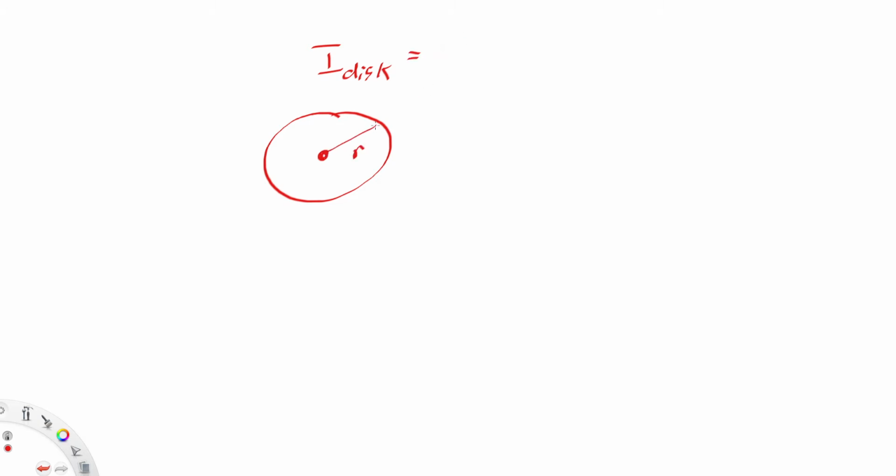At this level, we didn't do any calculations of moment of inertia. We just looked them up. 1/2 mr squared, that's the moment of inertia of this disk. You all remember that from last semester, right? Yeah, of course. Yep, 100%. Okay.